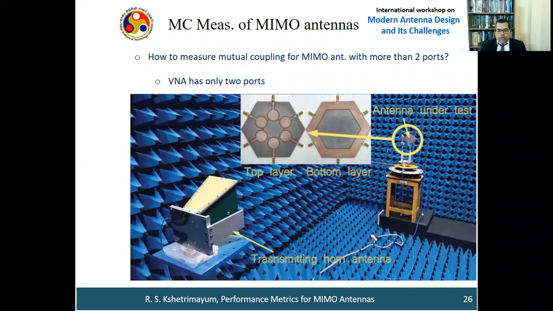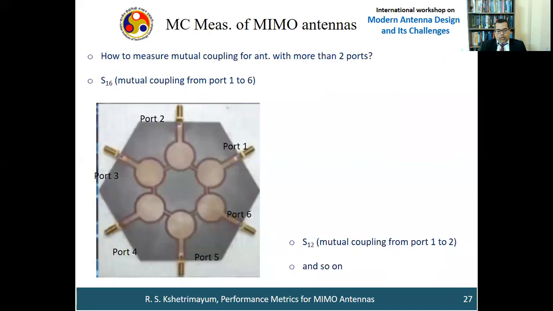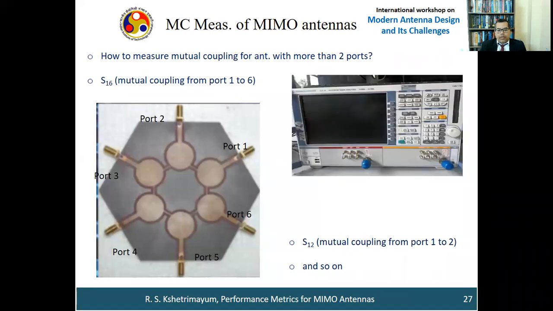That was good because we have only two ports, but many MIMO antennas have multiple ports. The MIMO antenna we're showing here has 6 ports, while the network analyzer has only 2 ports. How do we measure mutual coupling between different ports here? It's a similar procedure with one major difference. Let's say you want to measure the mutual coupling between port 1 and port 6.